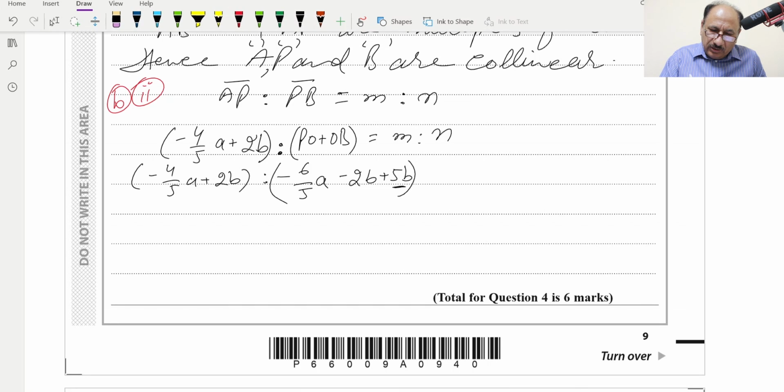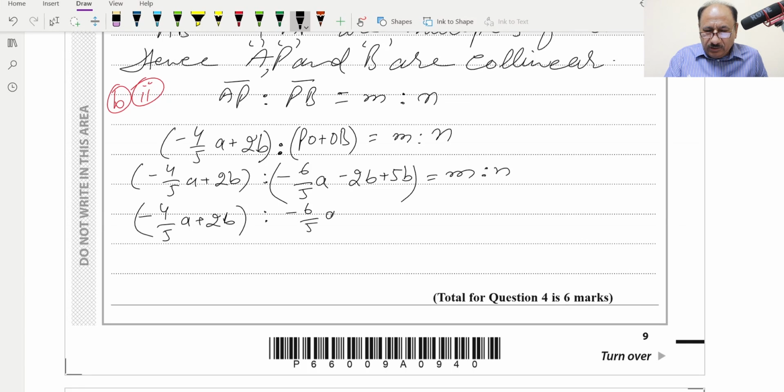Hopefully you are understanding this. So this is equal to M ratio N, and further we can now rewrite this as what? I'll copy as it is, so 2b, and this portion we can write minus 6 over 5a plus 3b, and is equal to M ratio N.